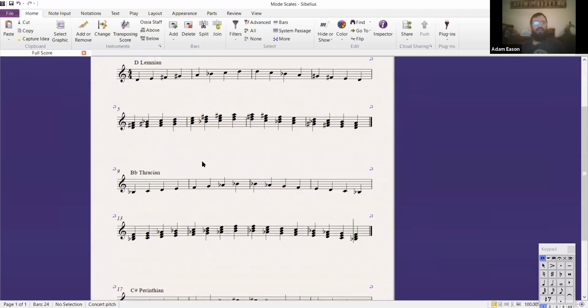Okay, so if I play it right next to the Limnian scale, you can maybe hear the color difference.